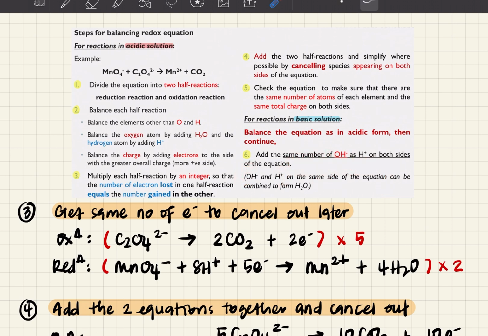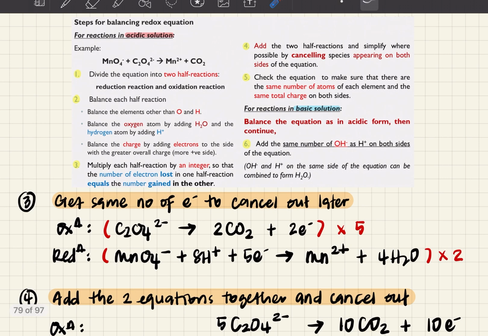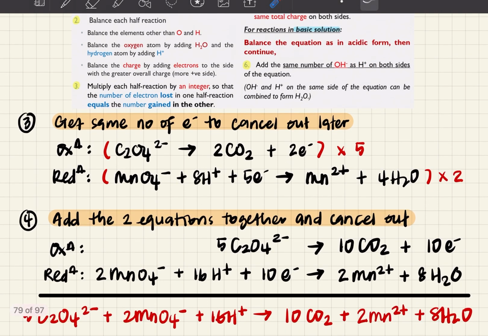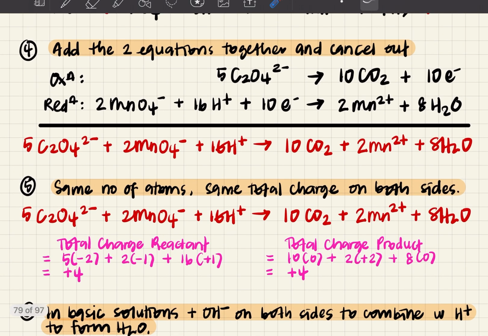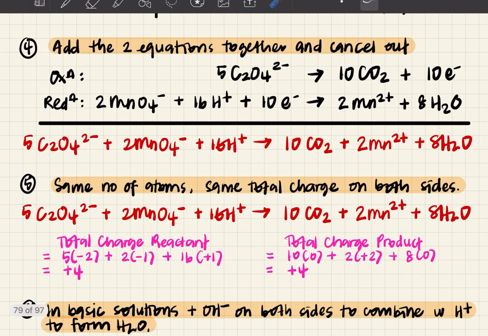Okay, so maksudnya kita kena tengok apa ni? Kita kena tengok lah, kita ada berapa H plus in our redox equation. Okay, so from here, the number of H plus ions is 16.